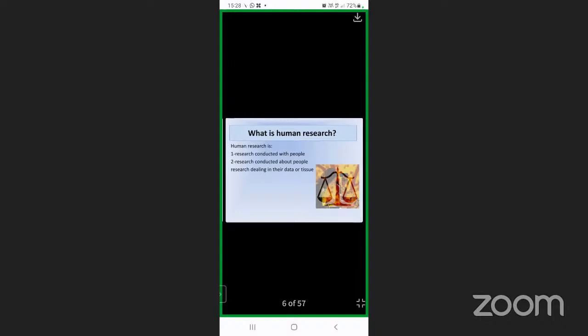So the data which is going to be collected or focused will be focused on the people, or we can say the human. The center of this research is the human.